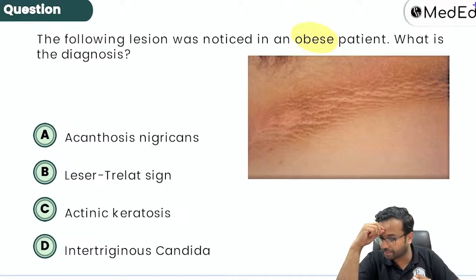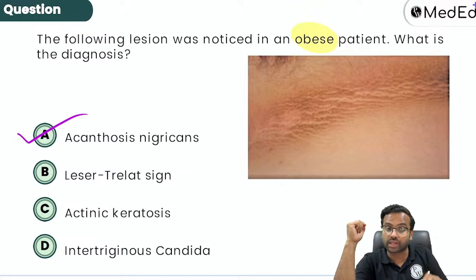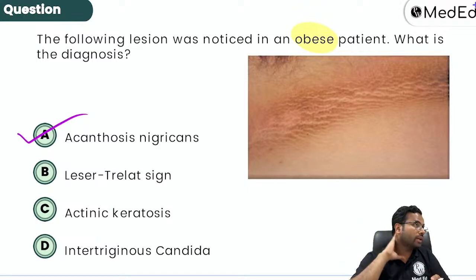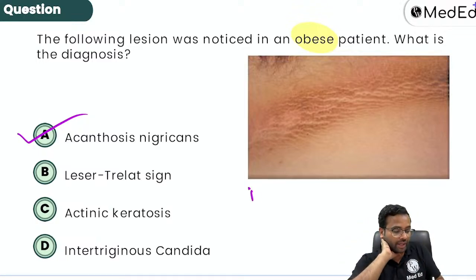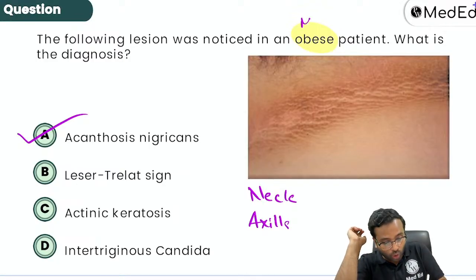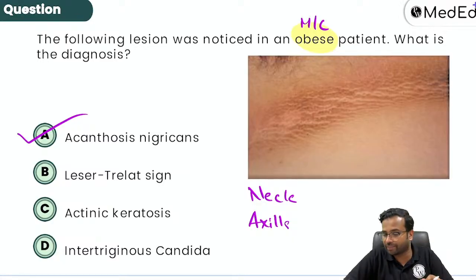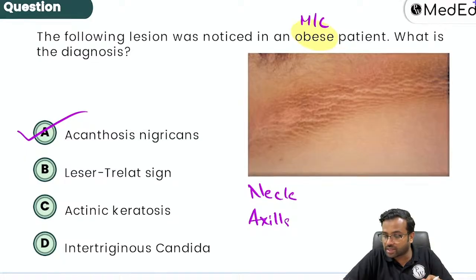So this looks like acanthosis nigricans. One of the common areas where you can find it is the nape of the neck. It can also be seen over the axilla. It's most common in obesity and can be associated with a lot of diseases, including metabolic syndrome, polycystic ovarian disease, etc.